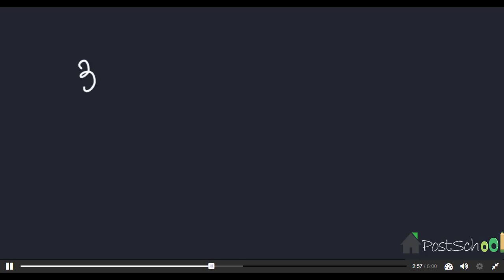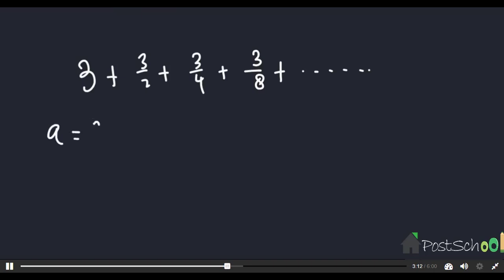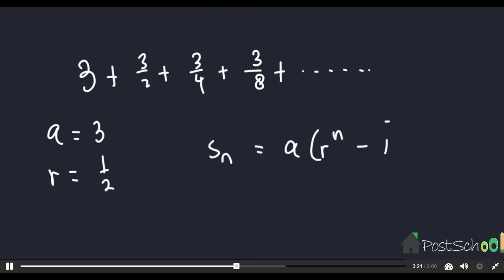So let's try to do the sum for the other series. We have 3 plus 3 over 2 plus 3 over 4 plus 3 over 8 plus and so on. We have a equal to 3 and r equal to half. So Sn, the formula, is equal to a times r to the power n minus 1, a very simple formula, over r minus 1.